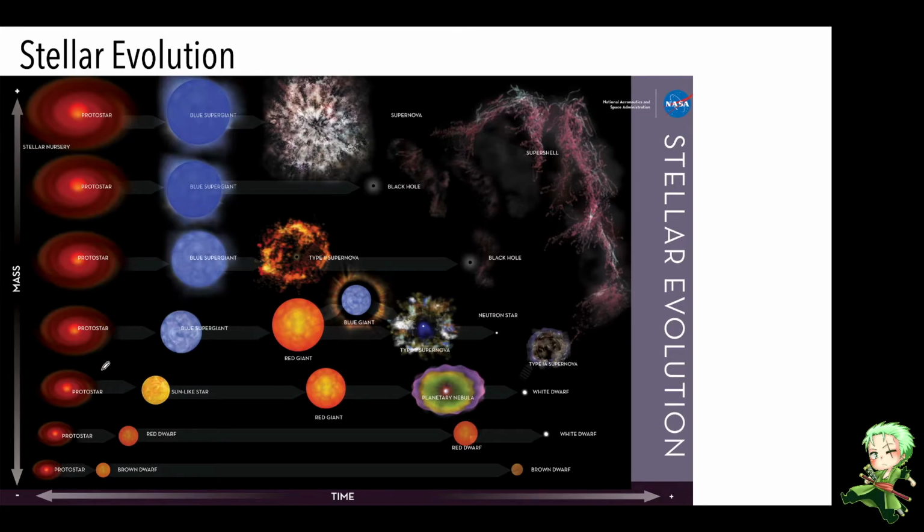We start with the protostar. This protostar is now referring to the giant molecular clouds in which the force of gravity acts to compress it, and as a consequence the core of that molecular cloud's temperature increases. So this is a rough idea on stellar evolution.